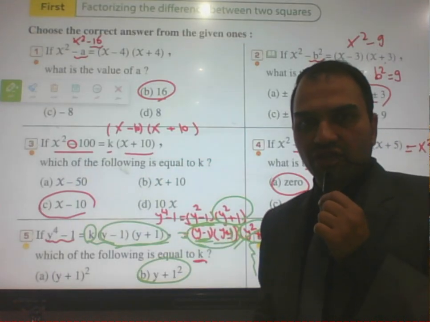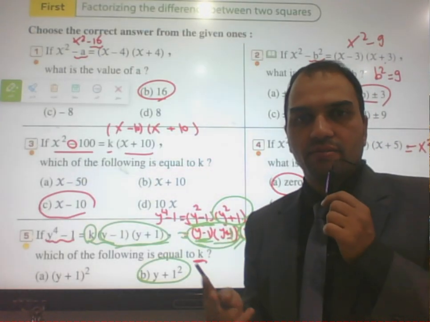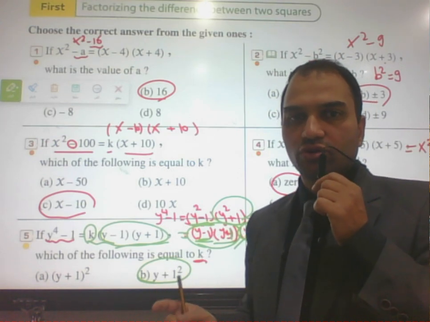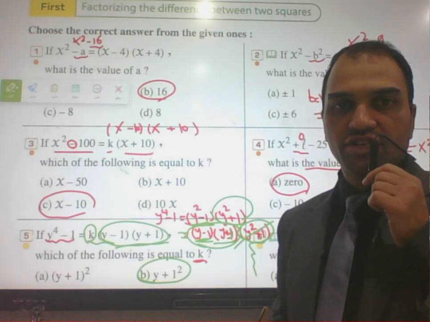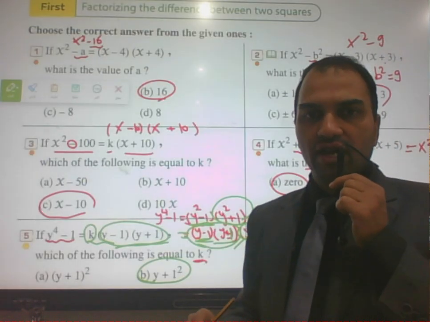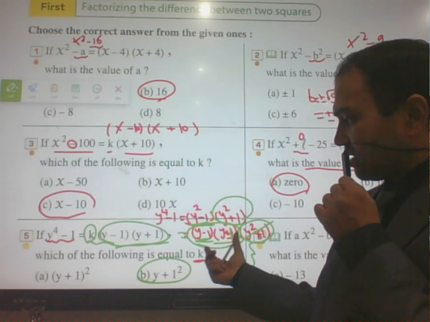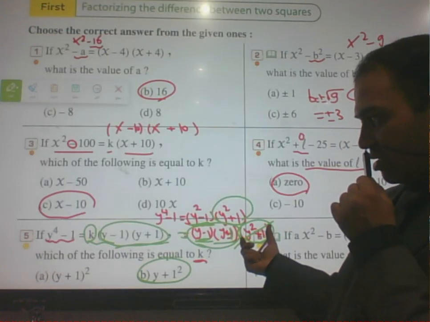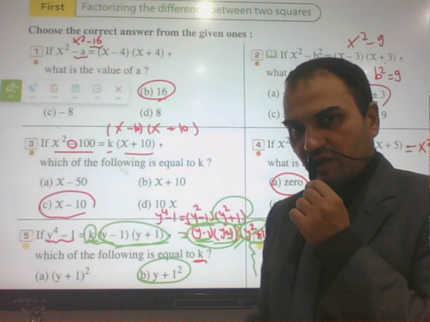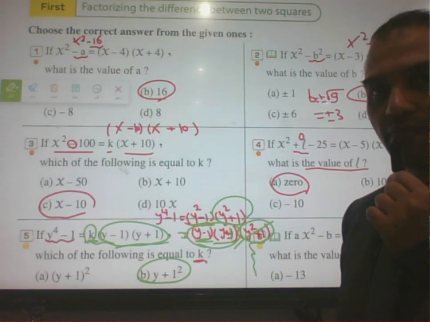We factorize the expression as a product of two brackets: the first, y power 2 minus 1, and the second, y power 2 plus 1. And also complete the factorization, y power 2 minus 1 equals y minus 1 times y plus 1. Then y power 2 plus 1 is the value of the unknown k here. The value of k equals y power 2 plus 1.